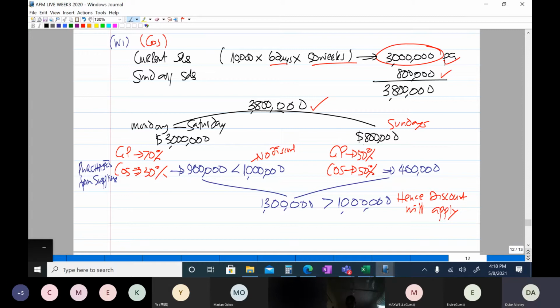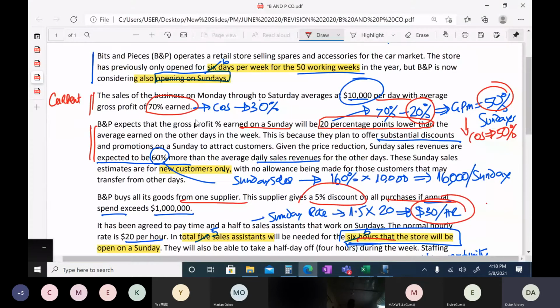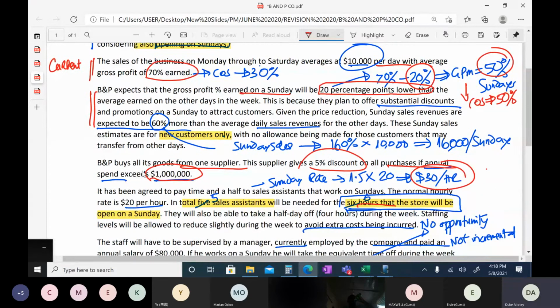And then Sundays, only this. Now let's look at how much it will cost us to buy from our supplier, who would only give us a discount once we are able to buy more than 1 million. It says BP buys all its goods from one supplier, and this supplier will give you a 5% discount on all purchases if annual spend exceeds 1 million.